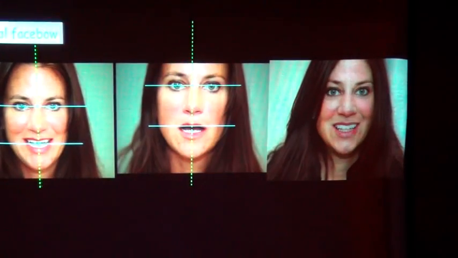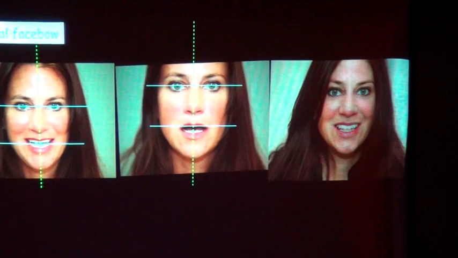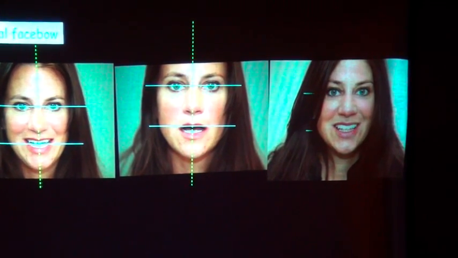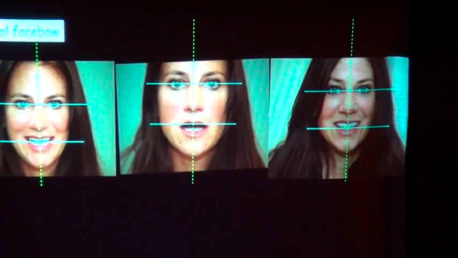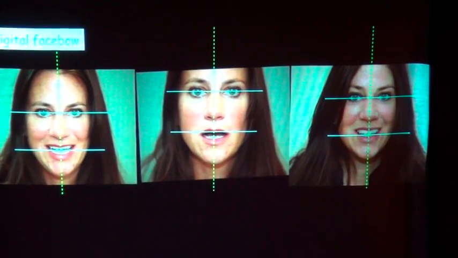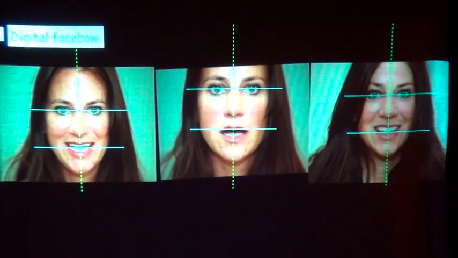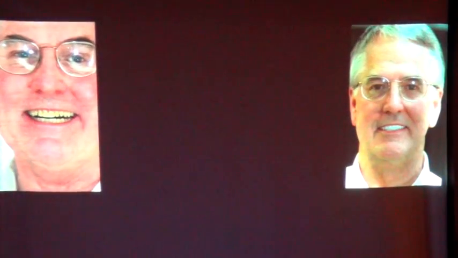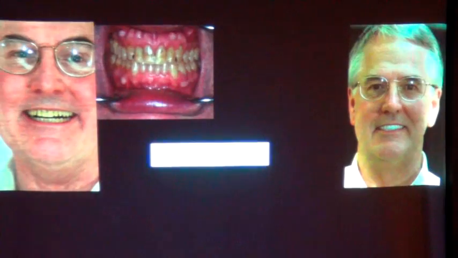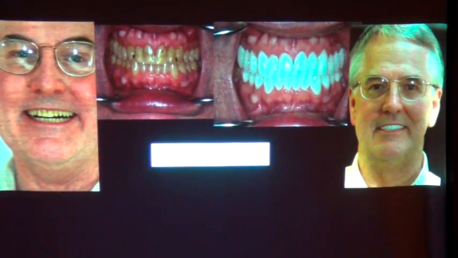And so what you do is, there it goes, it just rotated. I don't know if you can see it in the back. And then you can actually use the same reference point, the interpupillary line, in all your communications.